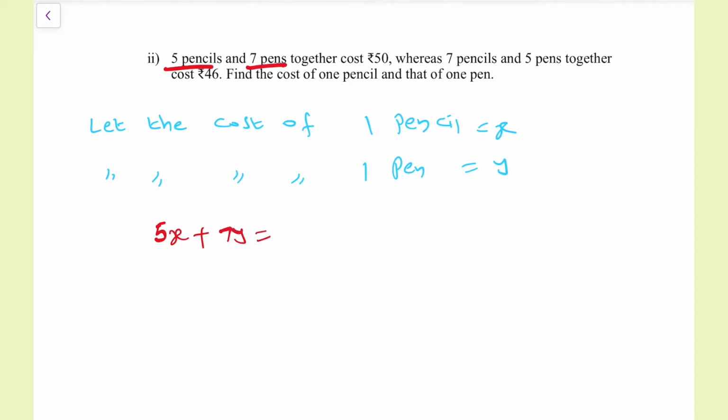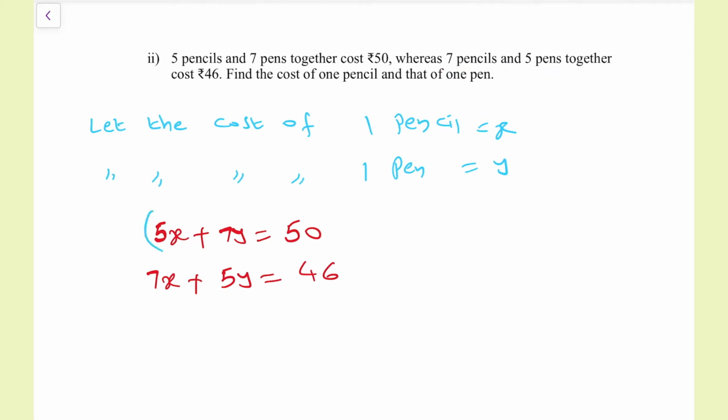The total cost is 50 rupees. So this is first equation. Now let us move to the second condition, so we will get the second equation also. 7 pencils 7x plus 5 pens 5y equals 46 rupees.